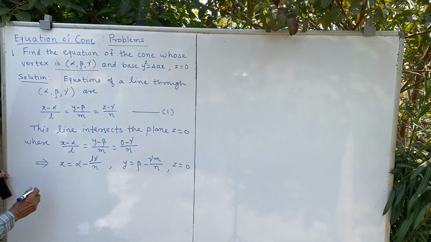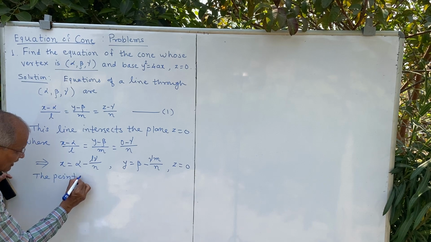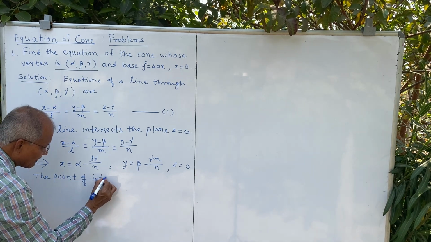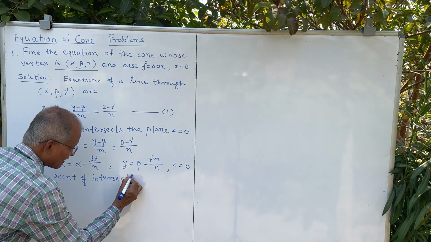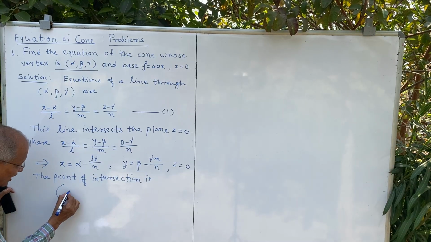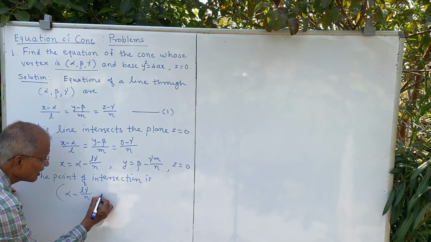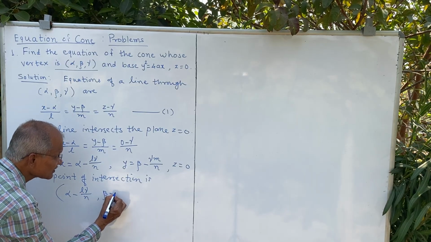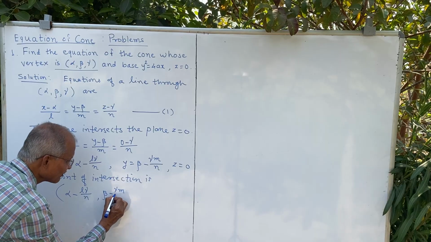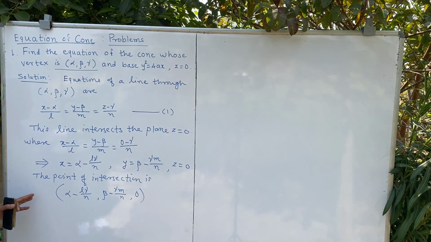So the point of intersection is (alpha minus L gamma divided by N, beta minus gamma into M divided by N, 0). So this is the point of intersection.